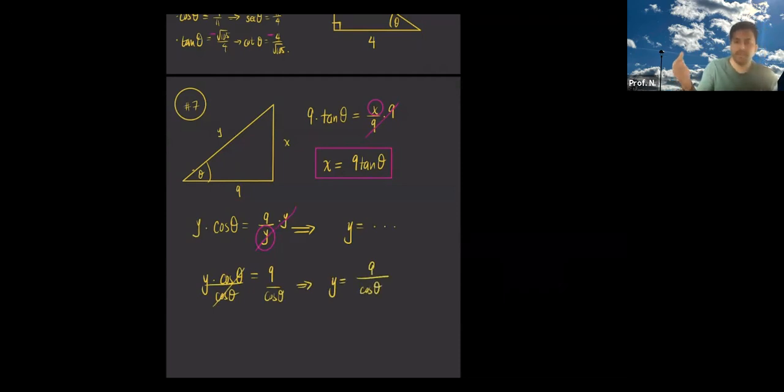I did it. Or I can rewrite this as 9 secant theta because it's 1 over cosine. So I said I wasn't going to do it, but I did it. Do you see that? That's all it is. It's algebra. A little bit of algebra at the end. Algebra is always going to be sprinkled in.